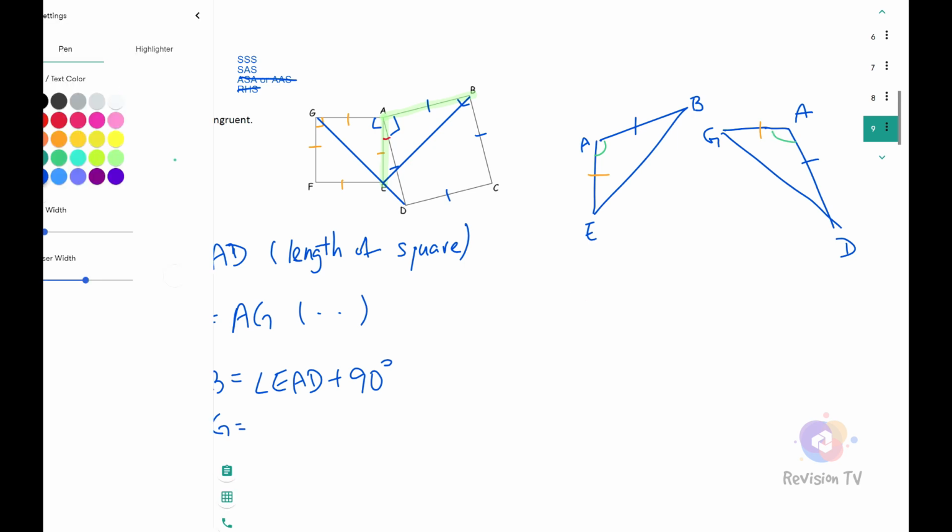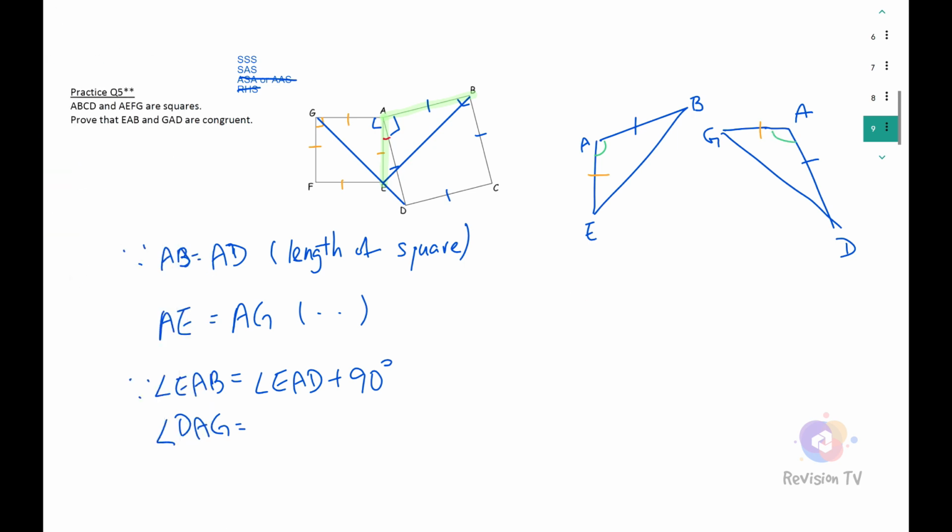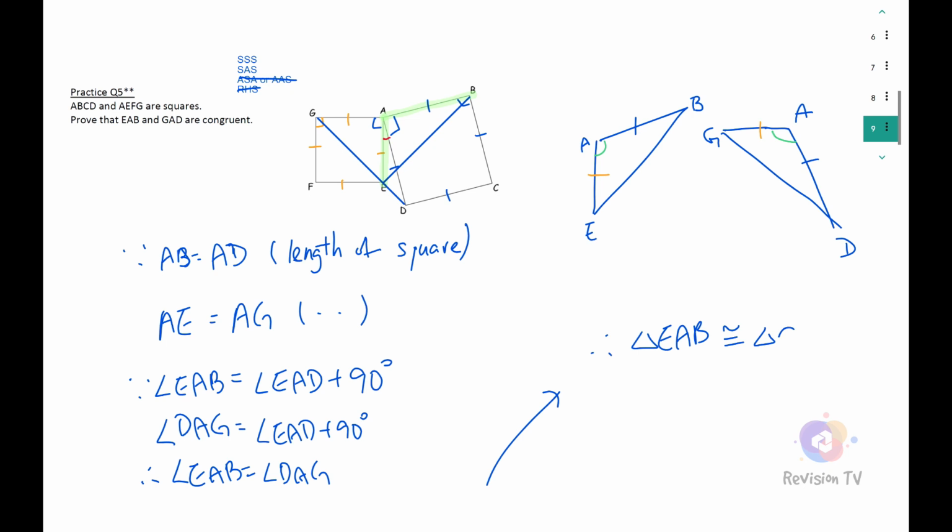So angle DAG is also the angle EAD plus 90 degrees. So that equals the angle EAB. Therefore, angle EAB equals angle DAG. So altogether, therefore, triangle EAB is congruent to triangle GAD because of SAS. Now, this is quite a tricky one.